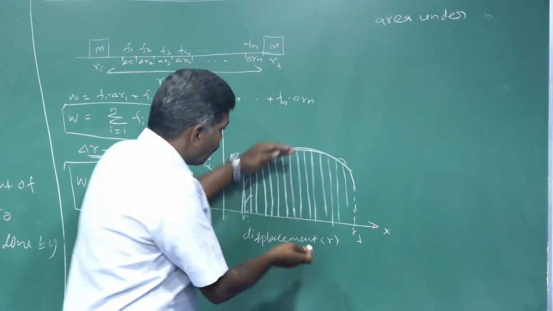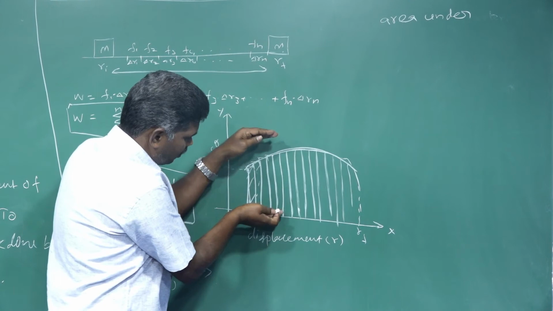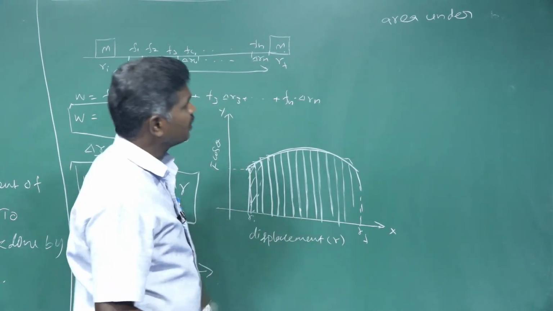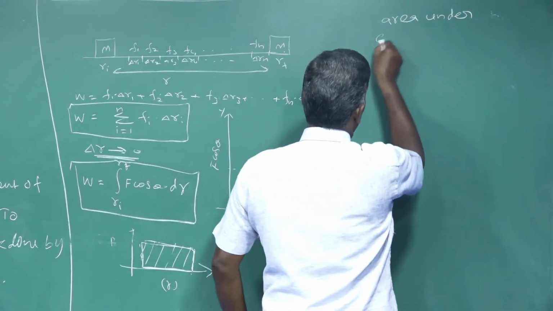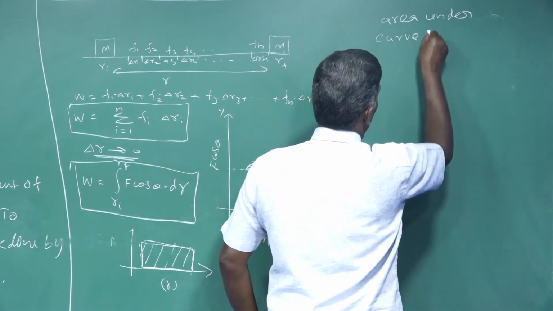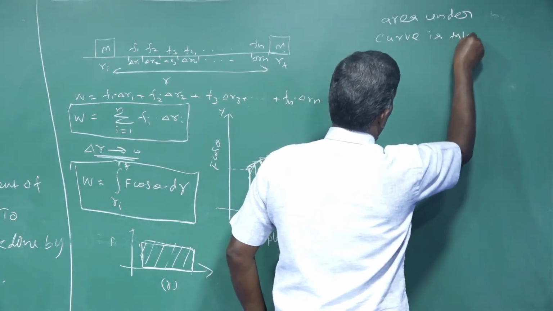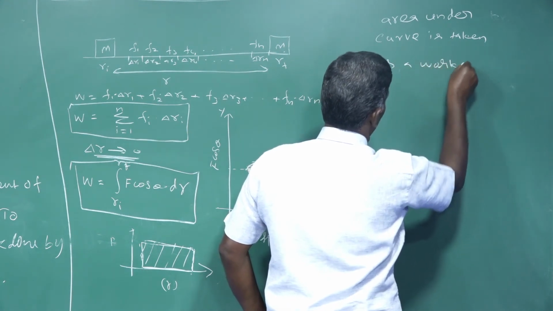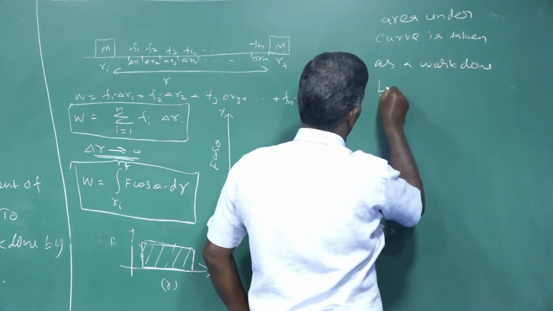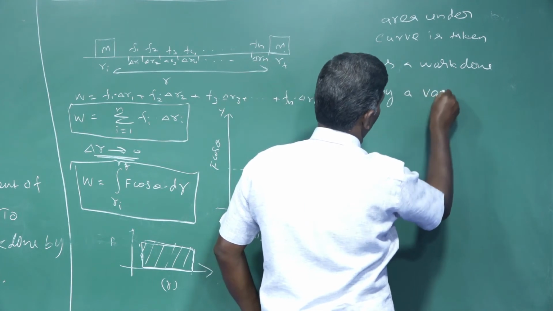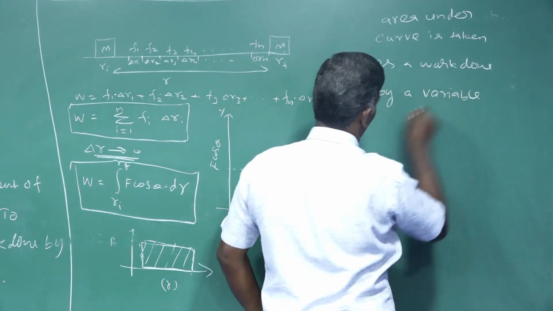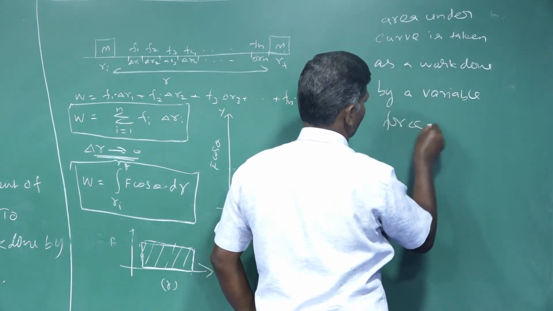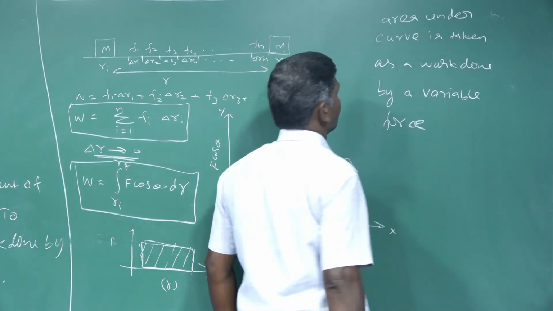The area under the curve, the lower portion of the curve down to the x-axis, is taken as the work done by a variable force.